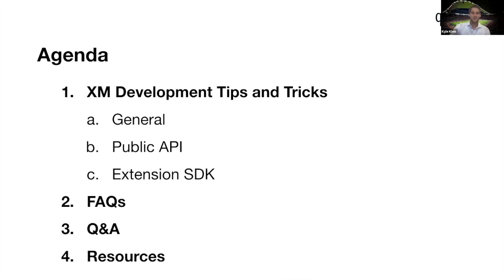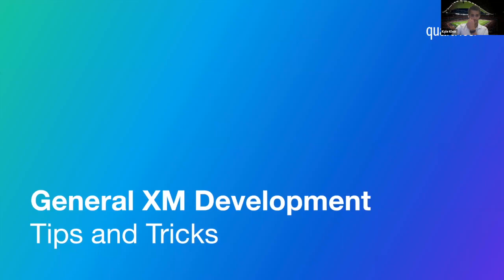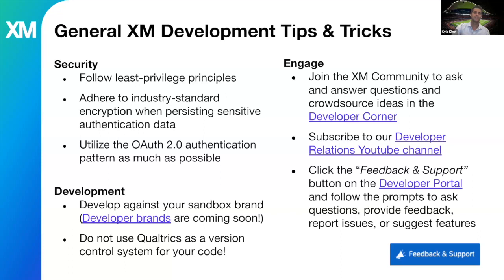So let's talk more about general XM development tips and tricks. Here are some overarching best practices or tips and tricks for you to know when you're doing XM development.